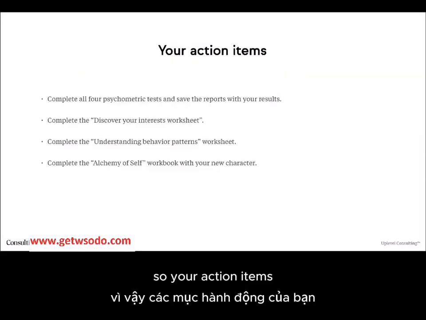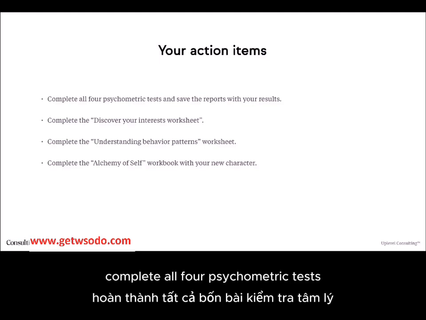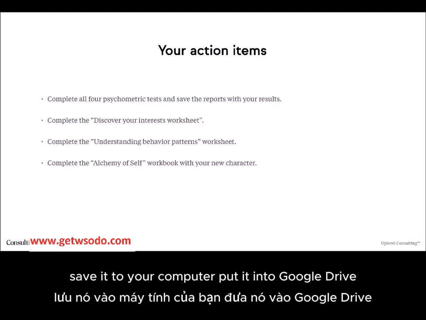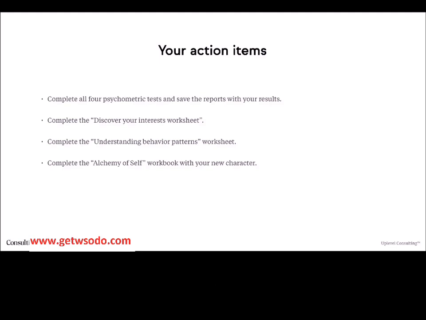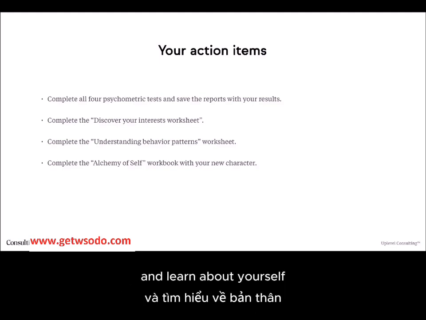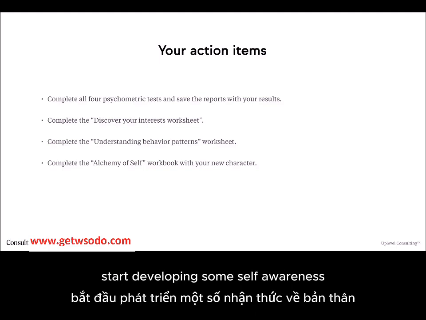So your action items. Complete all 4 psychometric tests and then save your reports with your results. Save it to your computer, put it into Google Drive, put it into our action item center, and then make sure you read your results and your reports and learn about yourself. Start developing some self-awareness.